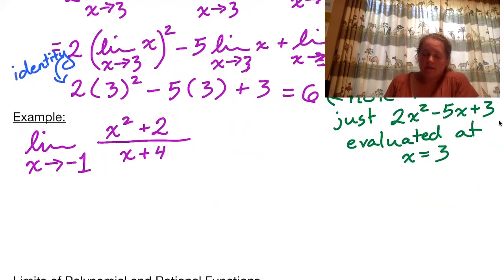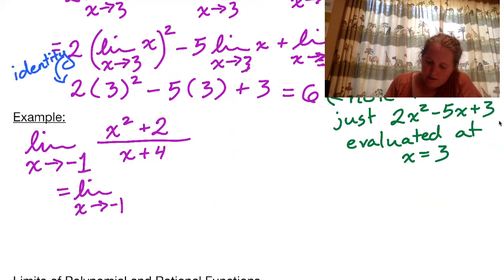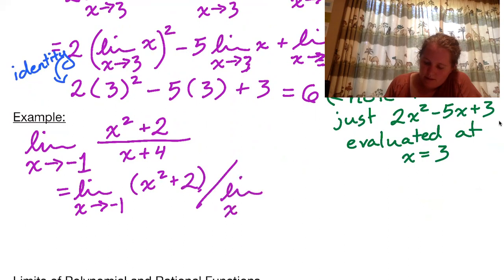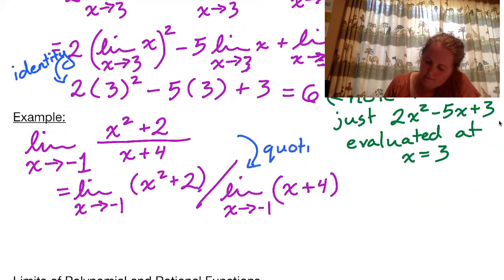So to do this, we can split our limit as the limit as x approaches -1 of x squared plus 2 divided by the limit as x approaches -1 of x plus 4. So here we are using our quotient property, again assuming that denominator does not go to 0.